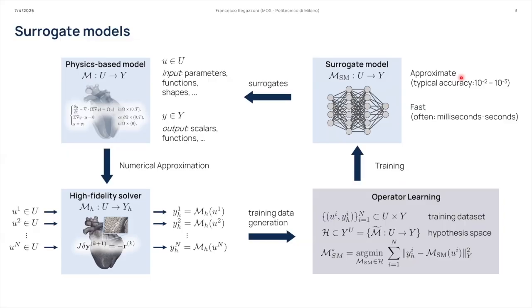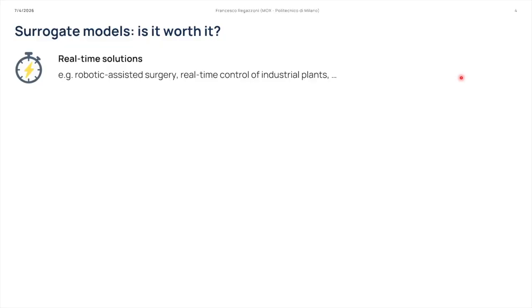And so the first question is, is it worth constructing a surrogate model? Well, actually, it's not always worth it, but at least it is in two cases. One is when we need a real-time solution. So, for instance, if you need to assist surgery during surgical operations, you cannot wait hours for results. So you need real-time solutions.